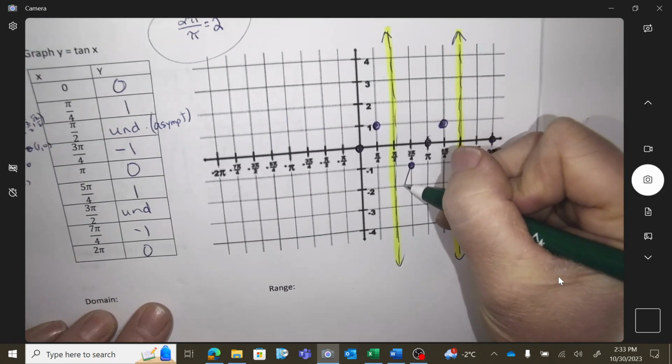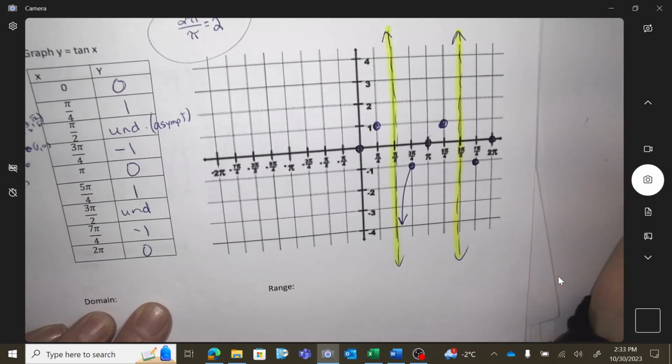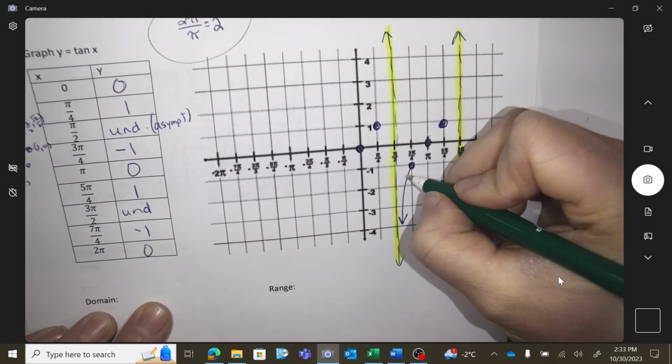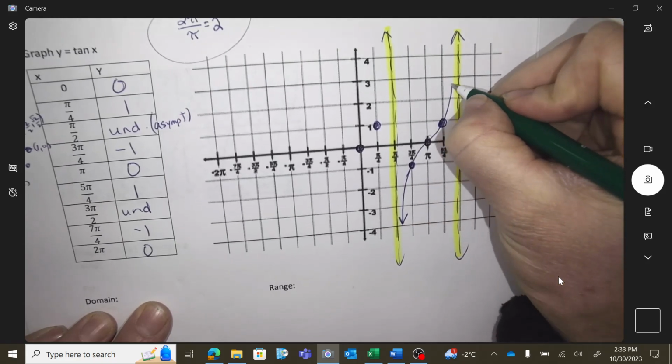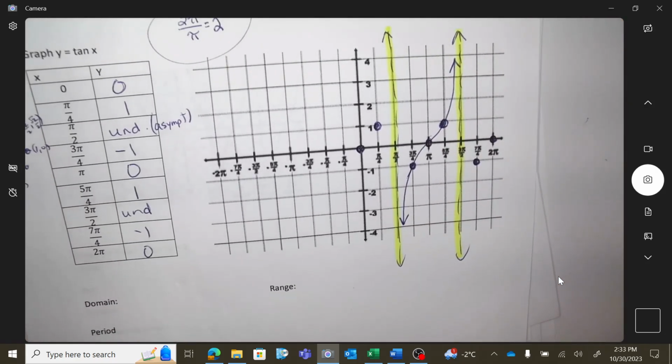So asymptote behavior, you need to obviously be going down along that one, and then you need to travel up along that one.